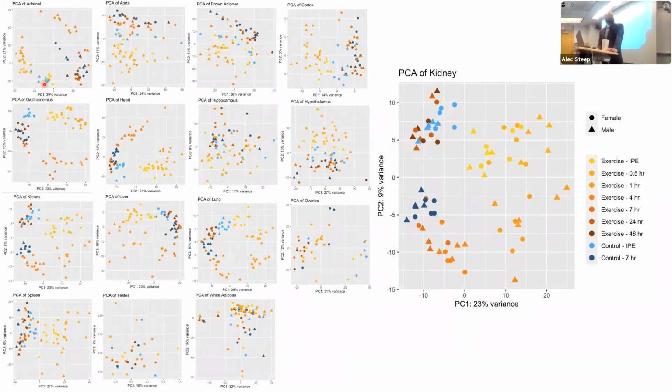When we look at all these different tissues, some of them show these circular patterns really quite nicely. And these tissues are the ones you would expect to have a response to acute exercise: adrenal, gastro, heart, lung, liver, kidney. Kidney's also blown up here.